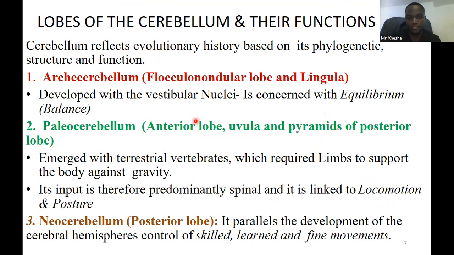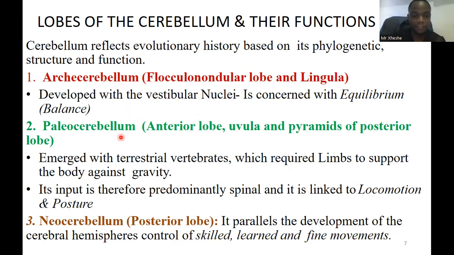So the lobes and their divisions are grouped together and then assigned new names. So the cerebellum is divided functionally, or you can say physiologically, depending on its evolutionary stages, right? So the oldest part of the cerebellum, we call the archaeocerebellum.